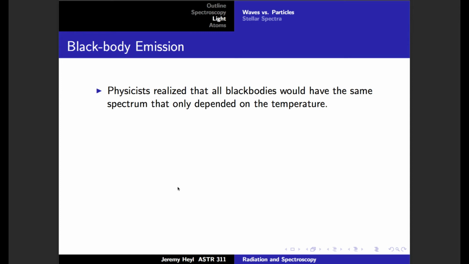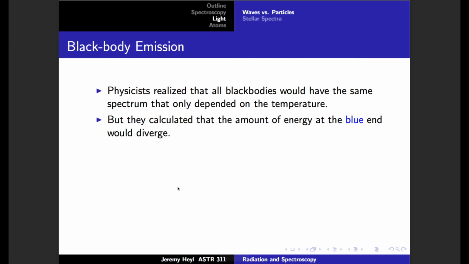So the physicists realized that if you had an object which really absorbs almost all the light that hits it, its spectrum of radiation would only depend on the temperature. So as we were heating this up, the temperature of that thing was getting higher and higher, and the spectrum peaked further blueward as we went along. So they realized that, and they calculated what the spectrum would look like.